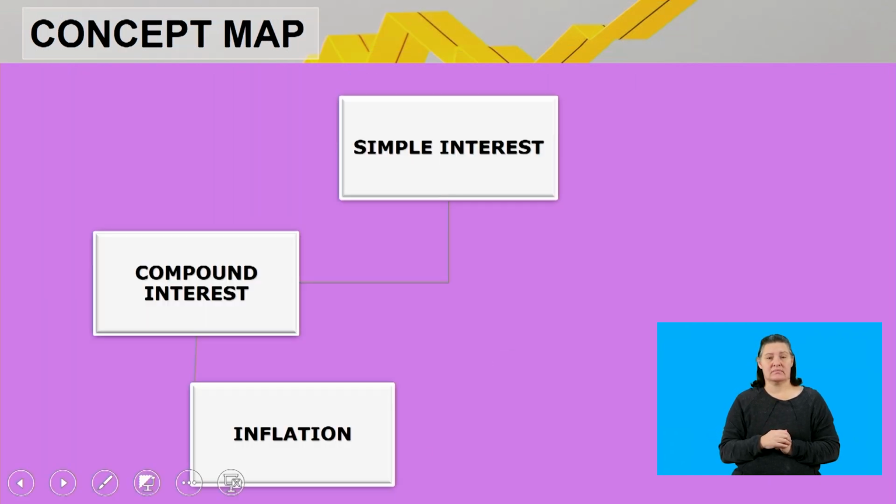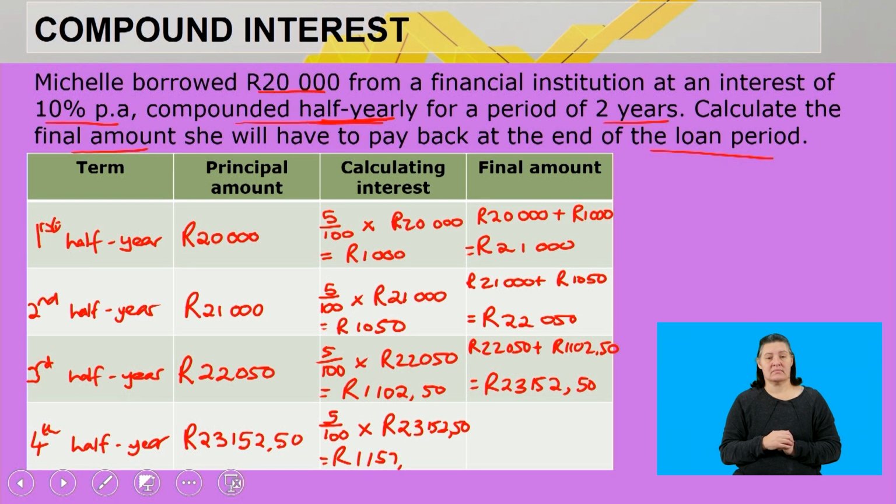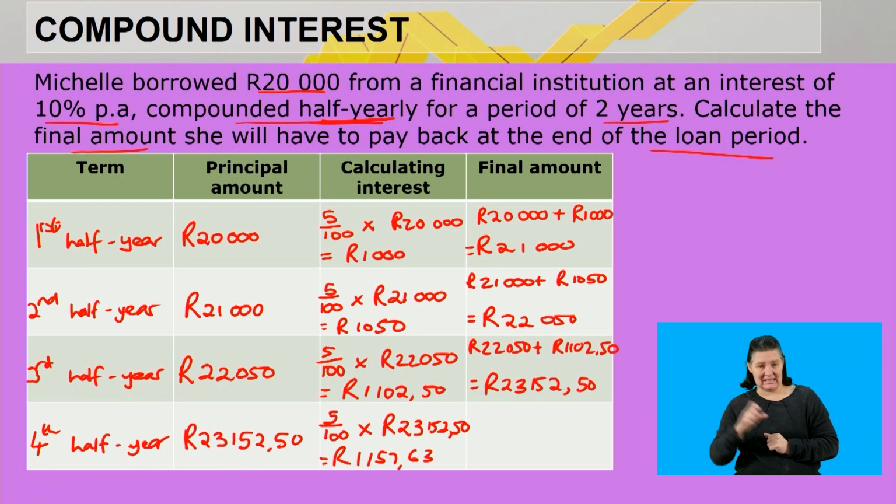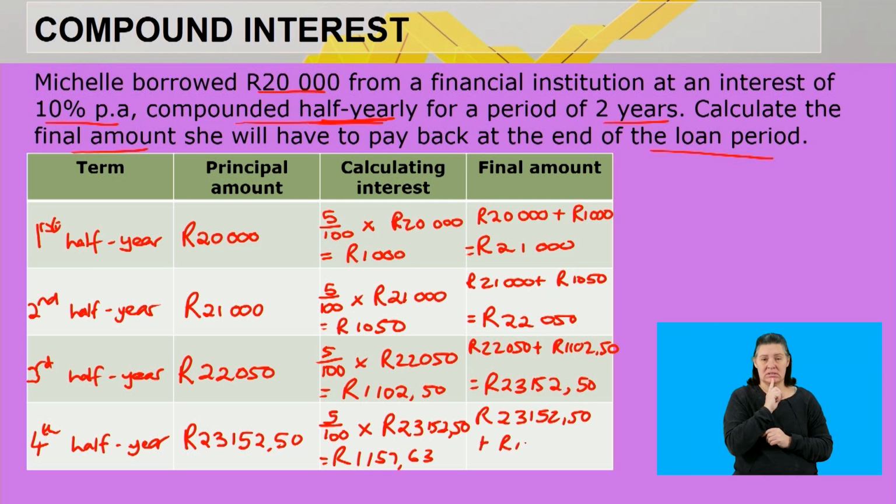and 63 cents. Right? I round it off to 2 decimal places. Very important. We are working with money. So therefore, the final amount here will be, I take the 23,152 rand and 50 cents plus the interest of 1,157 rand and 63 cents.